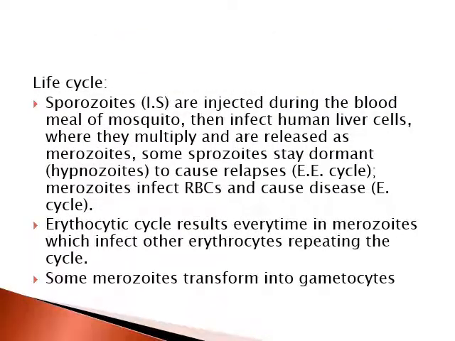The life cycle of malaria begins with the sporozoites, the infective stage, when they are injected during the blood meal of Anopheles inside the human blood. They all go to the liver cells, invade liver cells to multiply, forming the exoerythrocytic cycle, which begins with the sporozoites staying in hepatic cells, forming trophozoites, then schizonts, then merozoites.